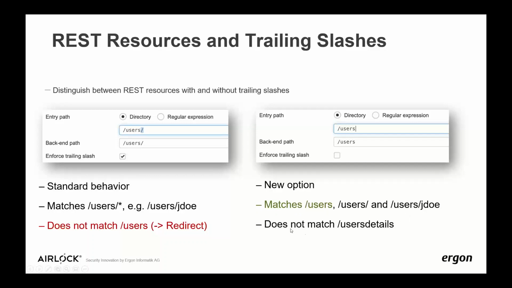But for instance, that doesn't match /users details, which is simply a different path and not a part of the subpath of /users. So this behavior will make life with REST resources much easier. It's a simple click on the enforced trailing slash where you can remove that and then work with the according mappings.